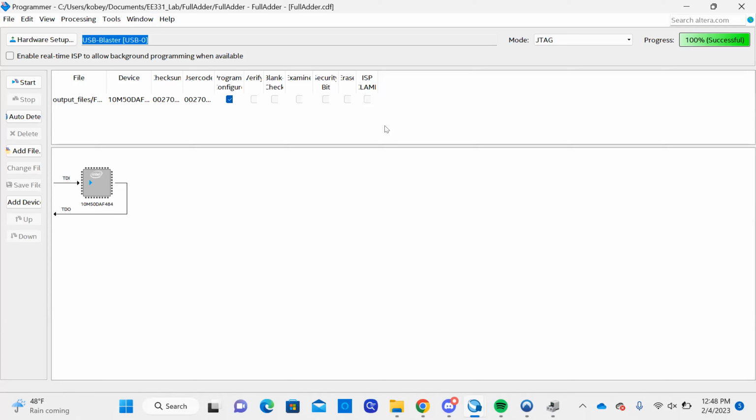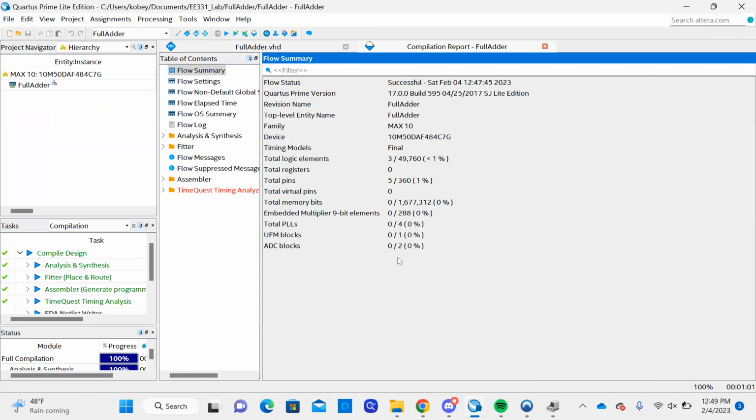There must be something wrong with my code because the switches aren't doing anything to the LEDs. Have you tried the waveform file? I'll check that and see if it's working. On my board, it's just the left three most switches and the two rightmost LEDs that are used. Oh, that's why I was using the right switches. It's working. Okay.